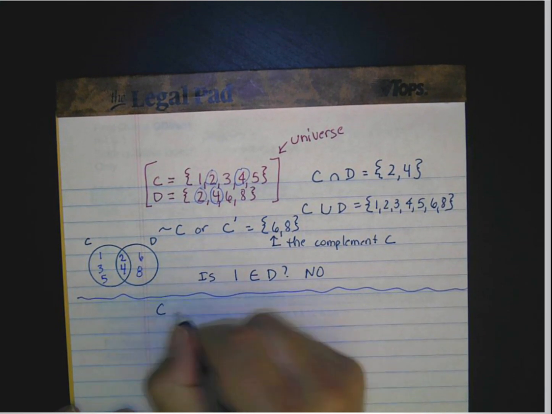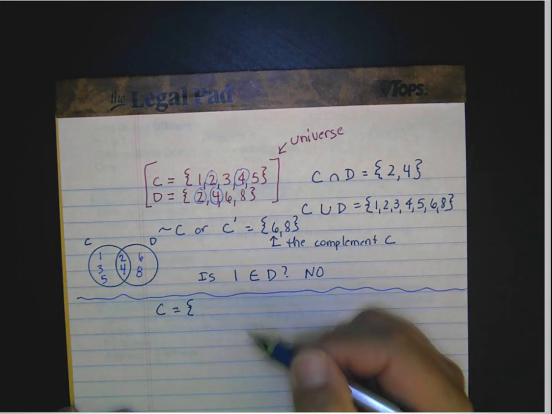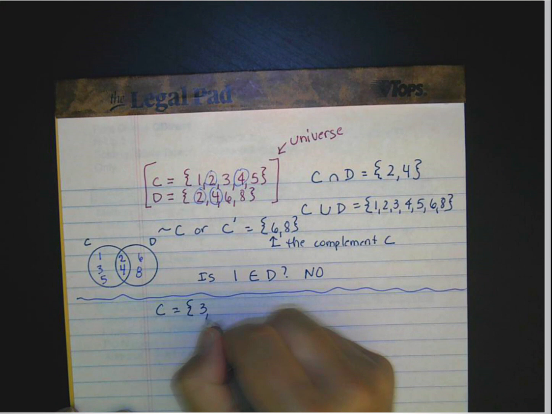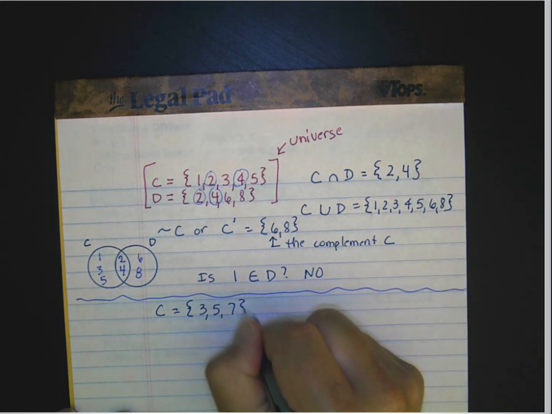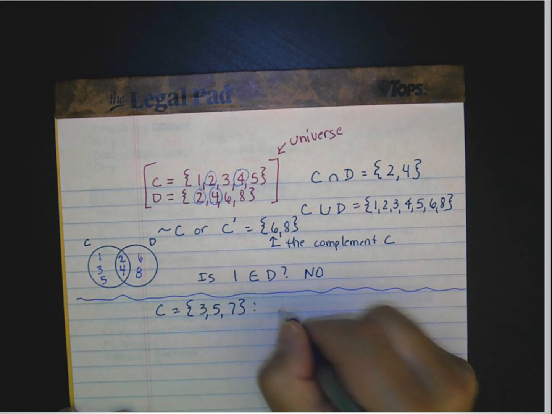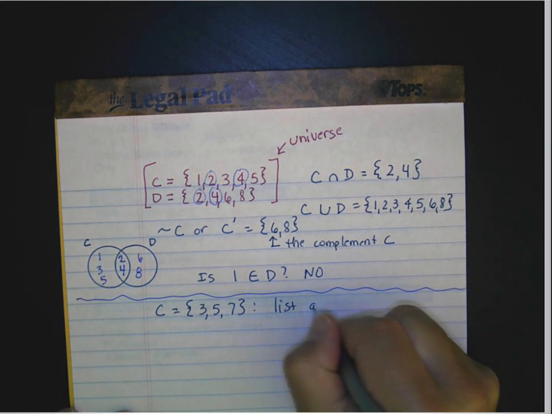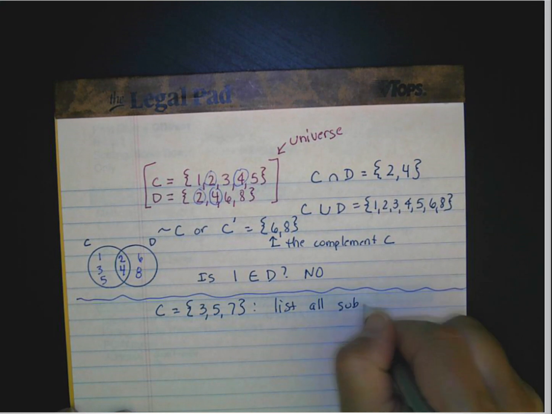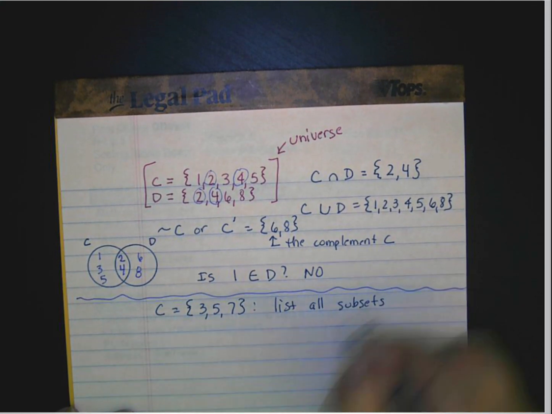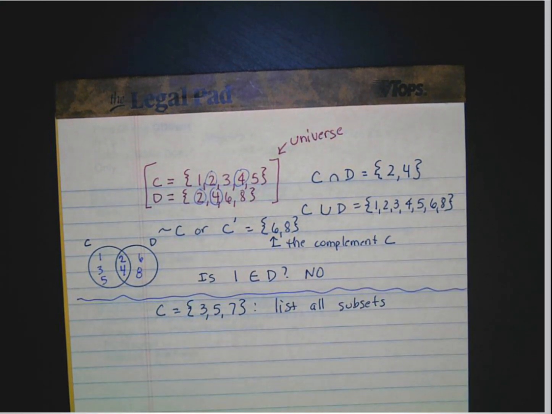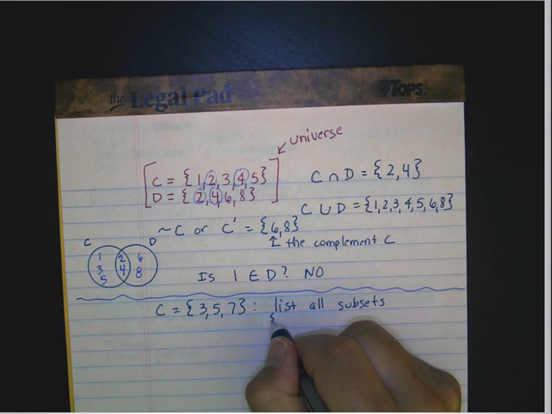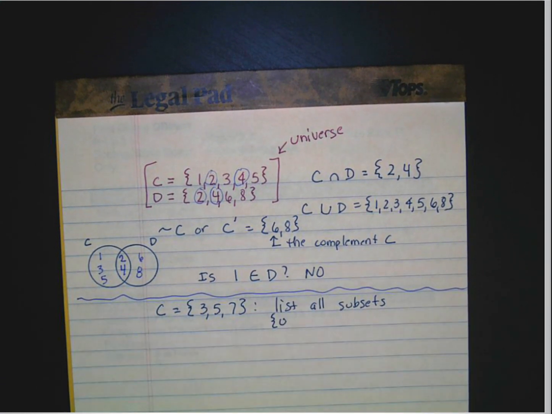All right. Now, the other thing we talked about was the subsets. If I have C equals, I'm going to make up a new one here, 3, 5, and 7, okay? If I wanted to list all the subsets, so everything basically that can make up a set that's part of C. Well, the empty set's always a subset of everything. Not a zero.